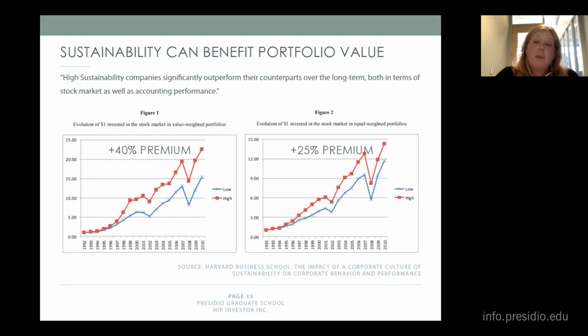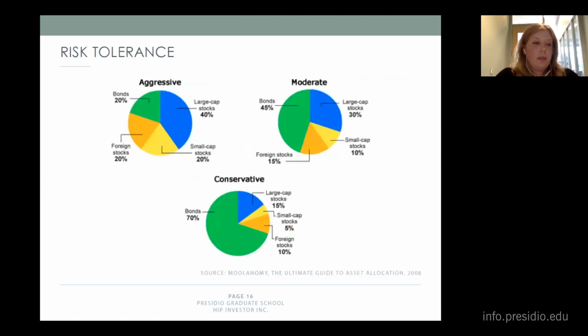There is also a great meta study that collects over 2,000 different studies that found that 90% of those studies did not see a negative relationship between these ESG factors and corporate financial performance. And more significantly, the vast majority of those studies reported positive findings, and the positive ESG impact on financial performance appears to be stable over time.